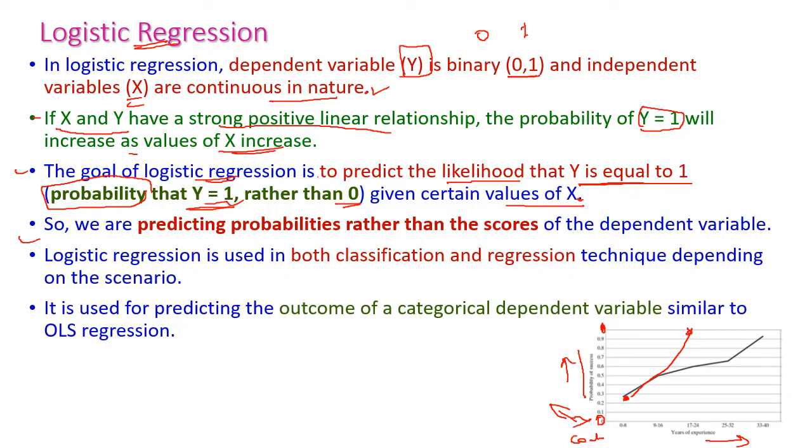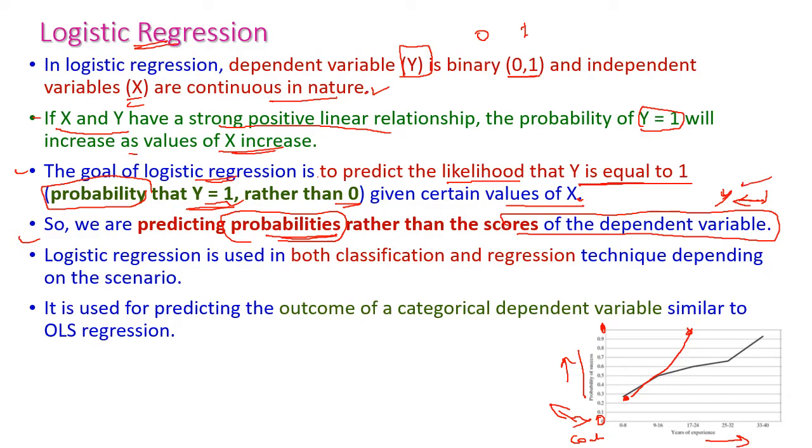So we are predicting the probability rather than the score of the dependent variable. We never consider the exact value of y, but we compute the probability of y equal to 1.